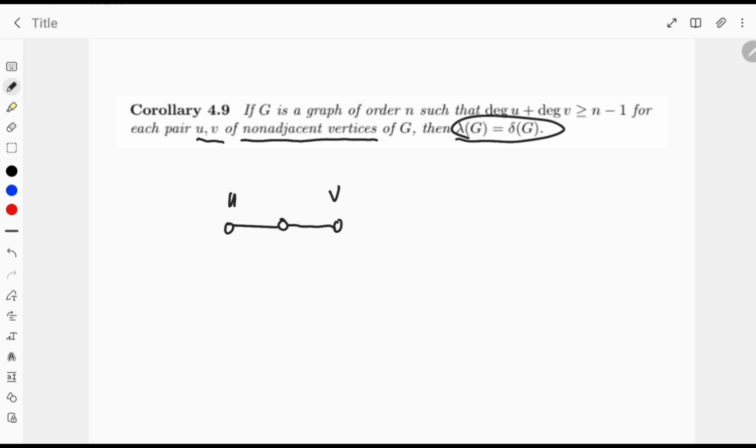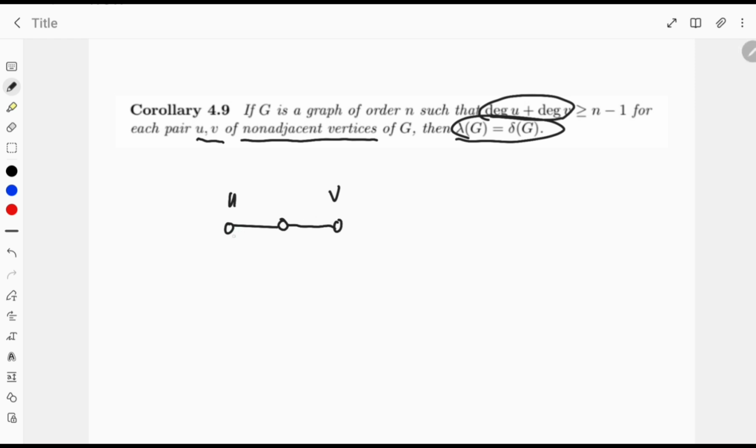So given that degree of U plus degree of V gives us a high level of connectivity, which means that they have a large number of connections to other vertices in G. They are almost covering all other vertices between them in terms of their connection.